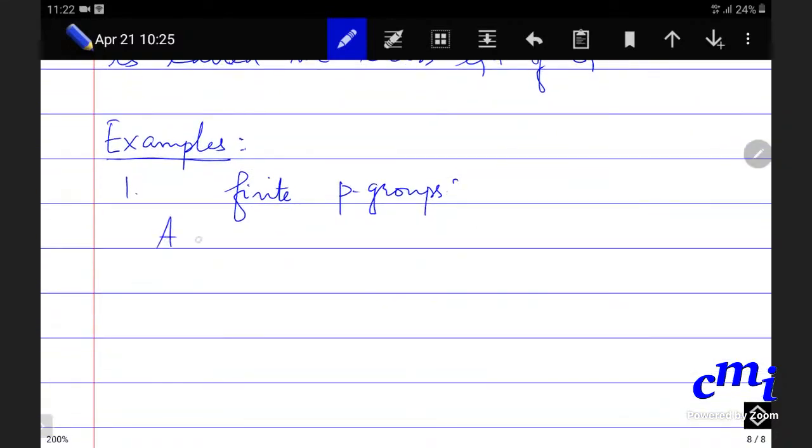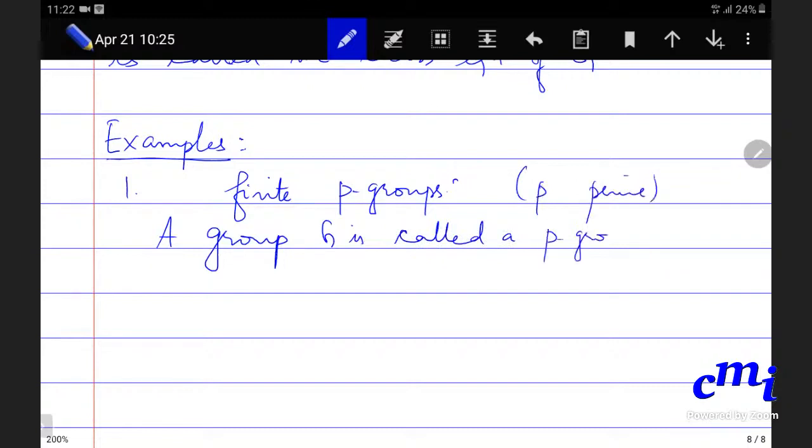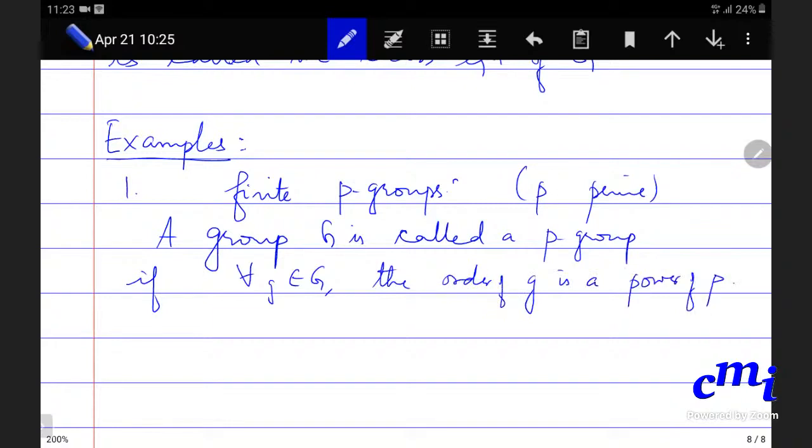So a group G is called a P group, P a prime, if for all g in G, the order of g is a power of P. Okay.